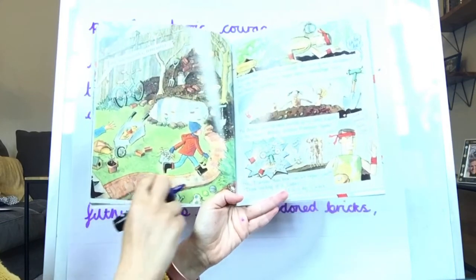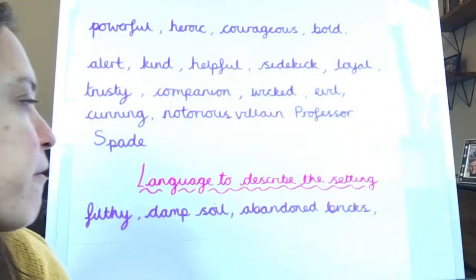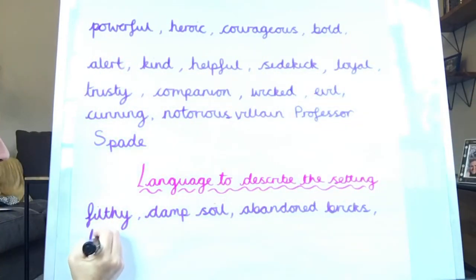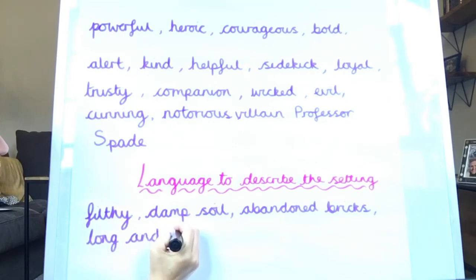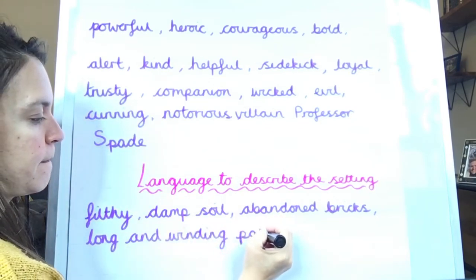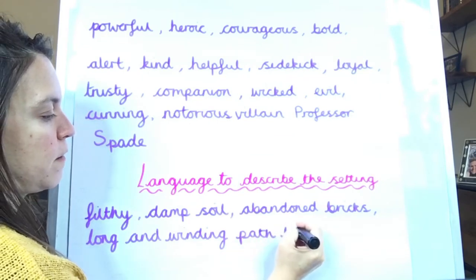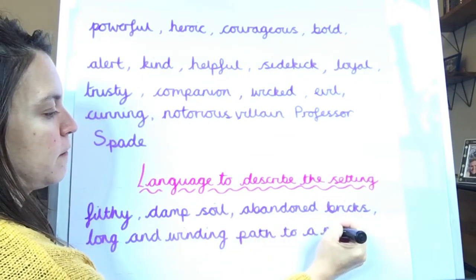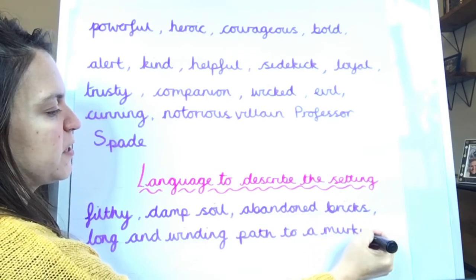I can see a long and winding path to a murky, which means a bit dirty, doesn't it?